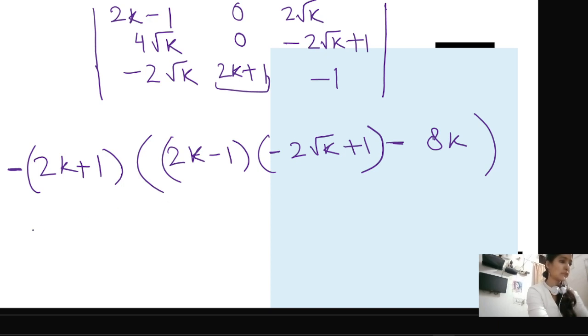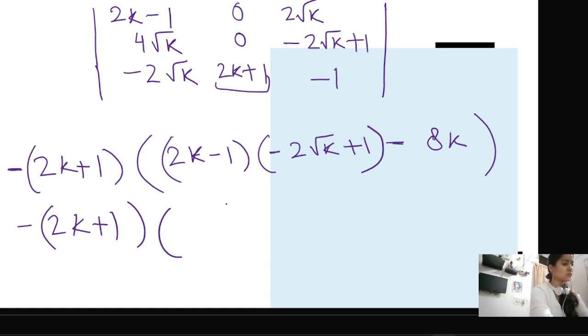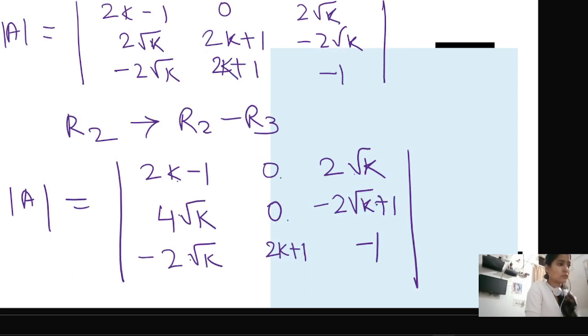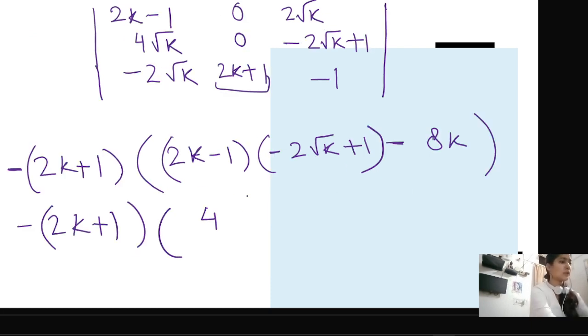So after solving this, we are getting 2k plus 1, and then we are getting 4 root k, k root k. Okay, let me check. That is root k only. Okay, right. k root k.